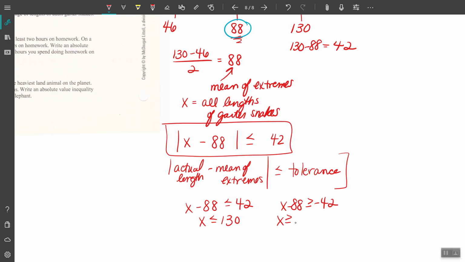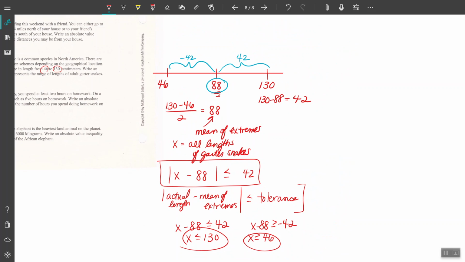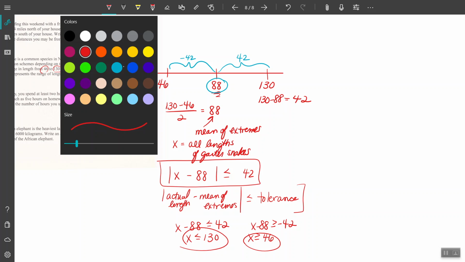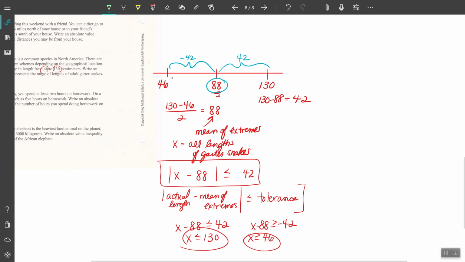I solve for this one, I get x is greater than or equal to 46. So if you look back up at the number line, you can see that is what's represented there. That's what is represented on this green line right there. X being greater than or equal to 46, and less than or equal to 130.